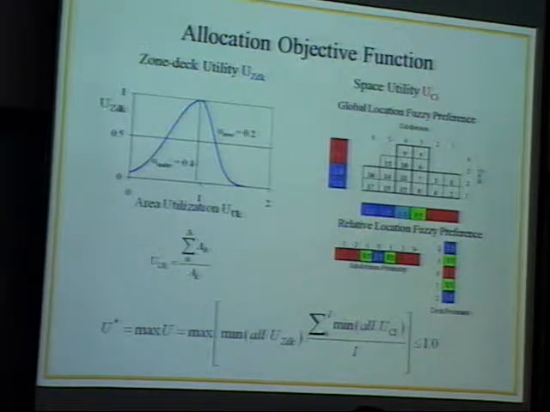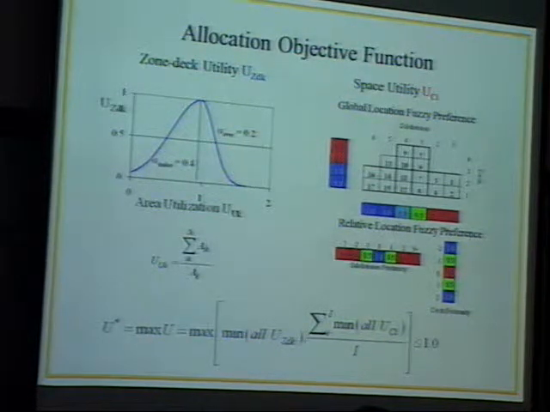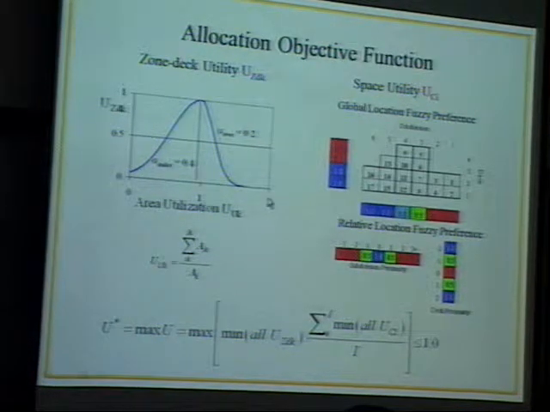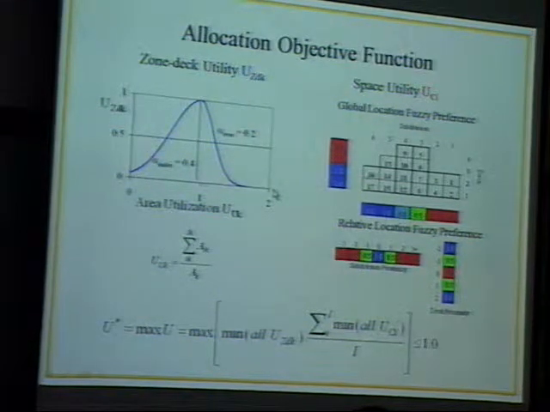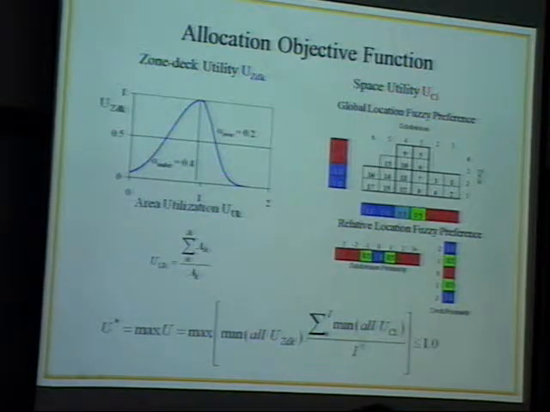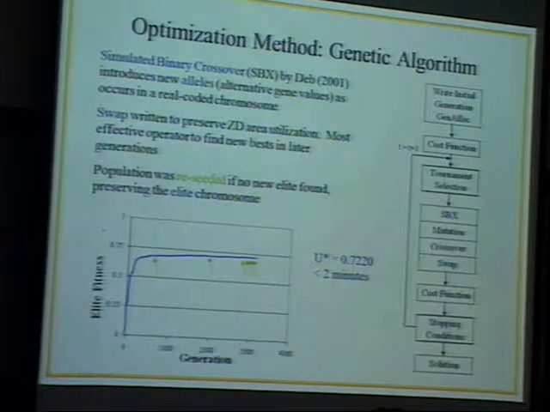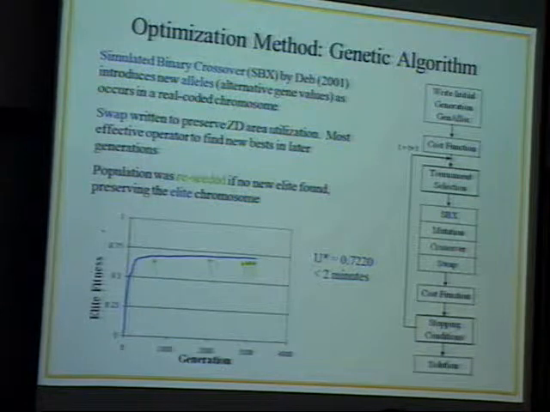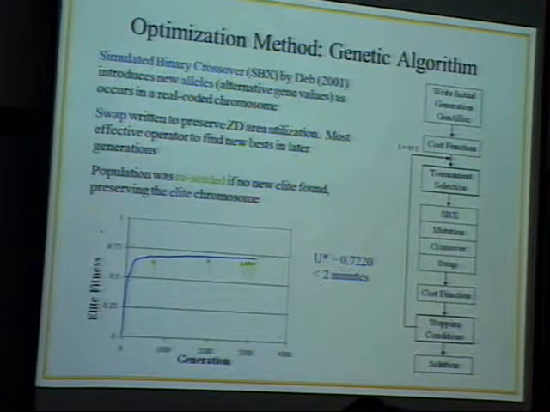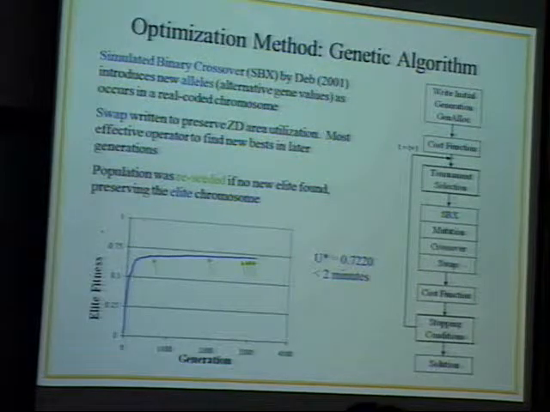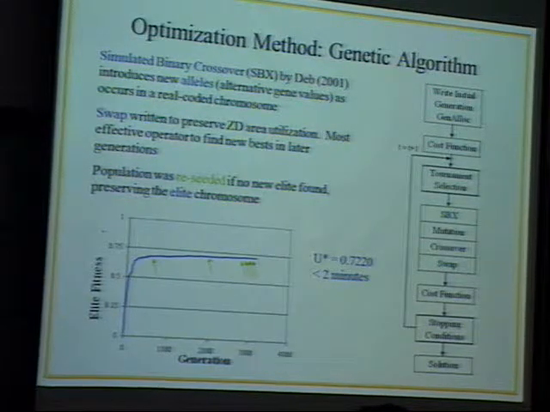Allocation objective function, in order to capture this know-how inside of the Navy, we do this kind of fuzzy design, but I will explain the fuzzy in next class. Anyway, the important thing is this genetic algorithm is quite flexible, so you can utilize it with fuzzy or any other method out there.